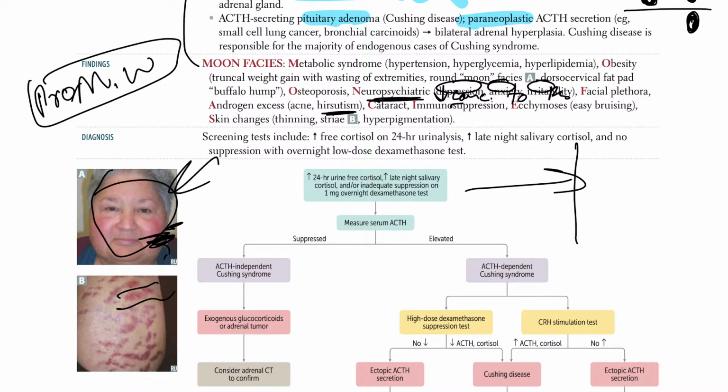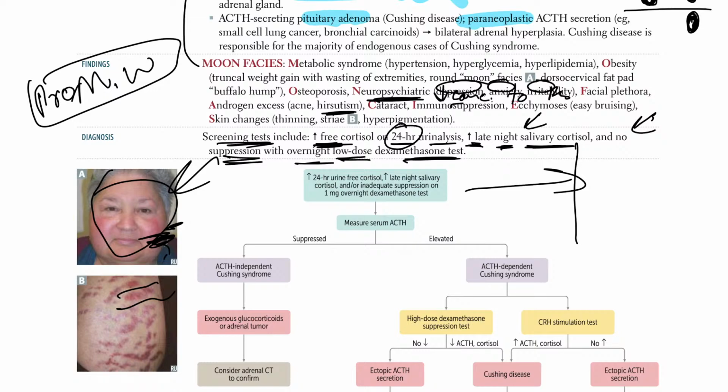Okay, let's talk about now the diagnosis. In the diagnosis, screening tests include increase in free cortisol on 24 hours urinalysis. So you will see increase in free cortisol on the 24 hours urinalysis, or increased late night salivary cortisol, meaning in the saliva you have increased amount of cortisol, and there is no suppression with overnight low dose dexamethasone test.